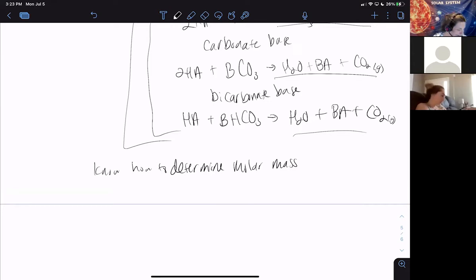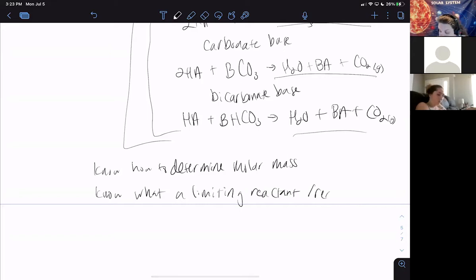We did lots of determining molar mass on there. And you should know what a limiting reactant is. I often call it a limiting reagent. They're the same thing.